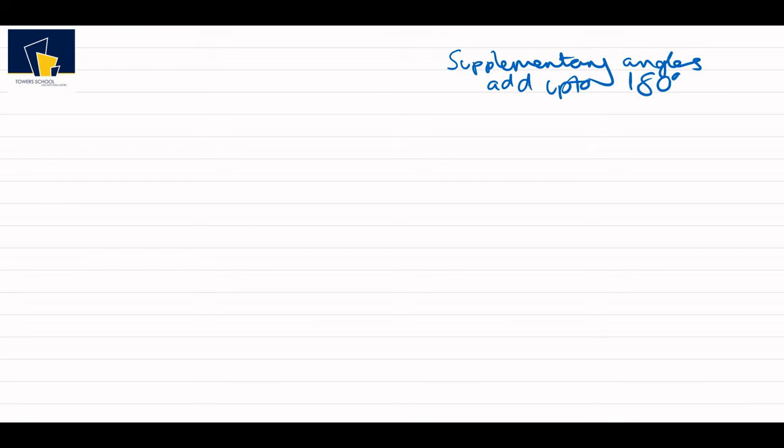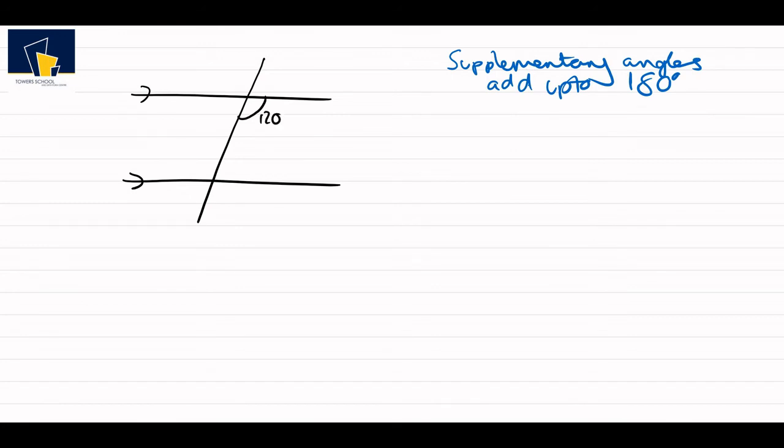So let's say we have parallel lines, and we're given this one here is 120 degrees. This is 120 degrees, and this time we're looking to find x here.